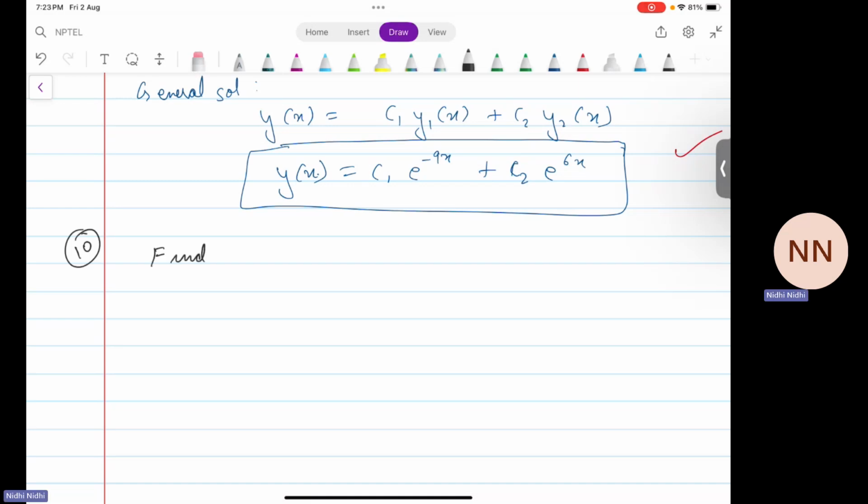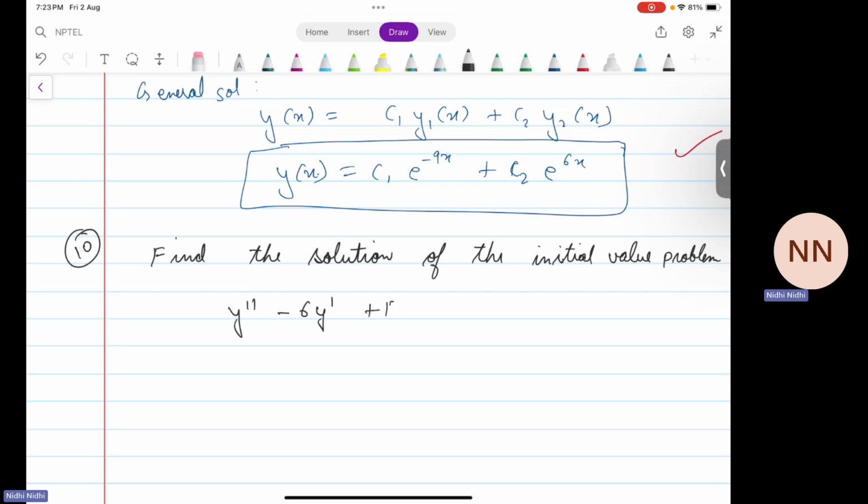Find the solution of the initial value problem y double dash minus 6y dash plus 13y is equal to 0, with y(0) equals 1, y dash(0) is equal to 1.